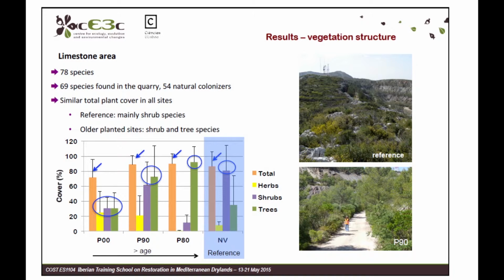you have herbaceous species in yellow, and you see that they decrease in cover with age. And you have shrub species in blue, and they increase until the 90s, but then in the 80s we have a smaller value, but I will explain that. And you have the tree species that increase from the most recent place to the 90s, and then again in the 80s.